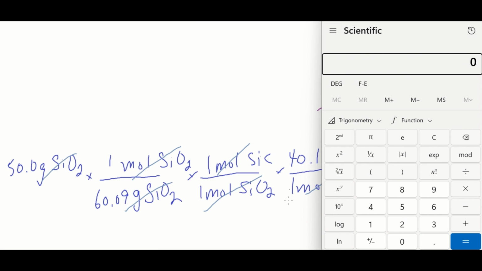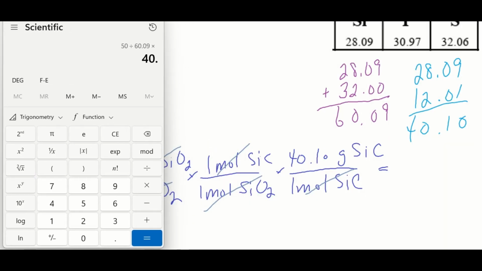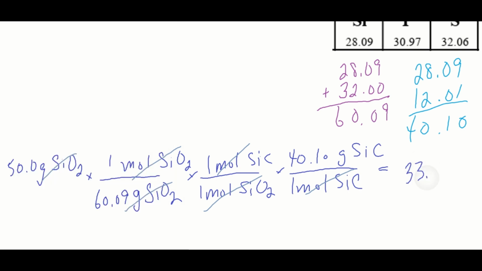All right, let's punch these numbers in. 50 divided by 60.09 times 40.1. We need 3 significant figures. So 33.4 grams of silicon carbide, and that's our theoretical yield.